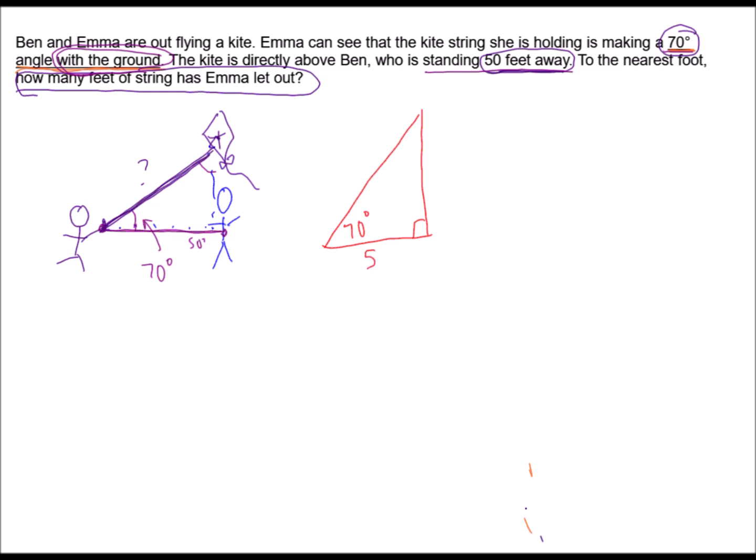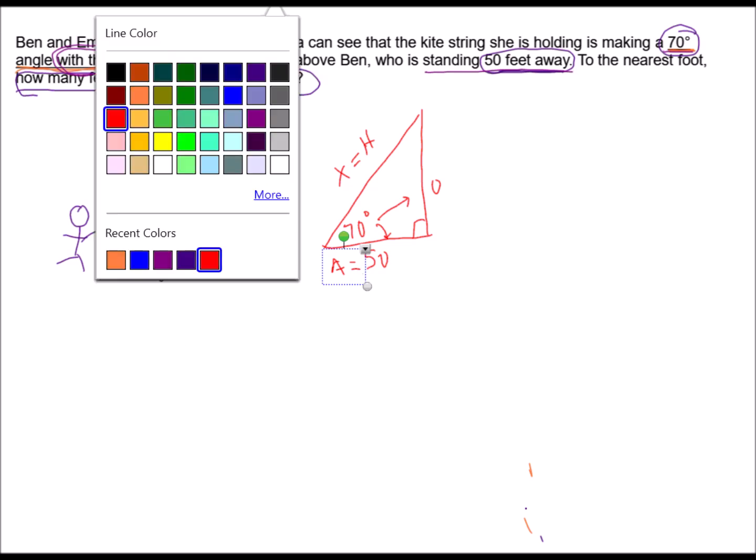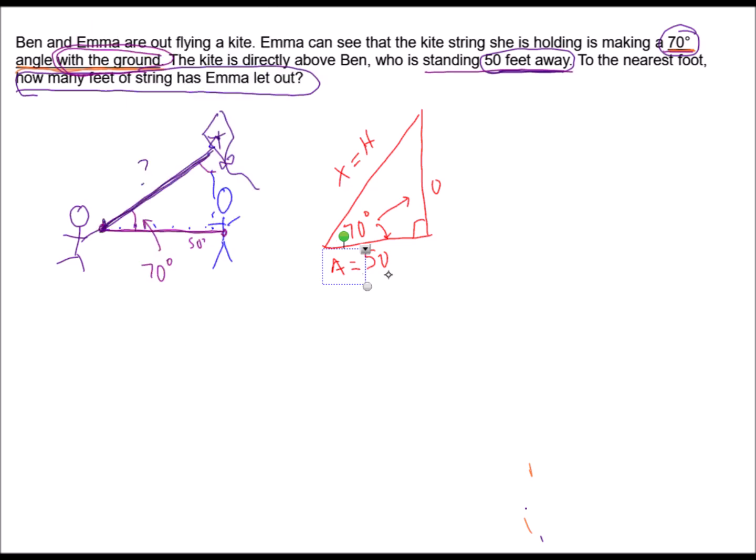Here was 50, and this is what we don't know. Labeling everything, this is the hypotenuse. This would be the opposite. This one is going to be the adjacent. So we are dealing with a trig function that has the adjacent. We're trying to find the hypotenuse, which is cosine.